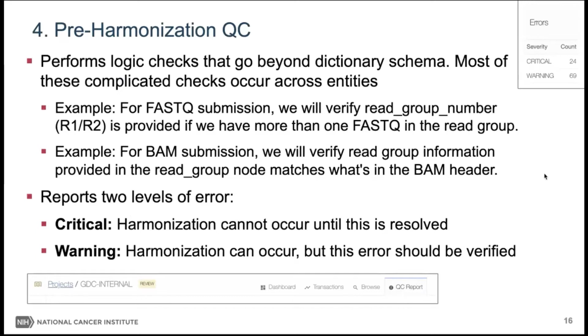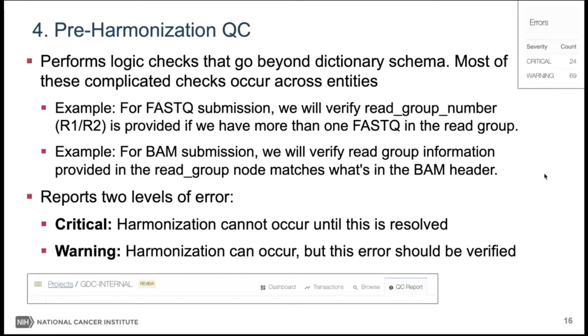Another example is that for BAM submission, we'll verify that the read group information that the submitter provides in the read group metadata in the read group node matches the read group information in the BAM header. And this is to verify that the read groups that are being separated and aligned during harmonization are more or less as expected.